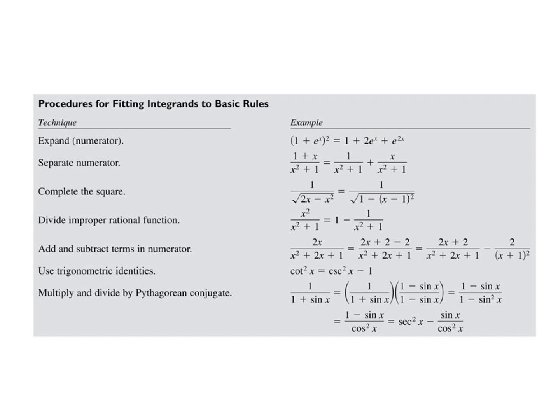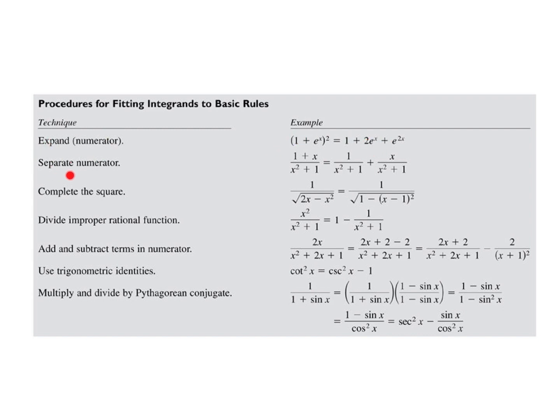So kind of going off of all of those integration formulas that we just looked at, sometimes our integral is not a perfect fit for those, but we can turn it into one of those patterns or rules. So these are just different techniques that allow us to do that. So we'll take a look at a lot of these today. One technique could be expanding, so like multiplying out a binomial.